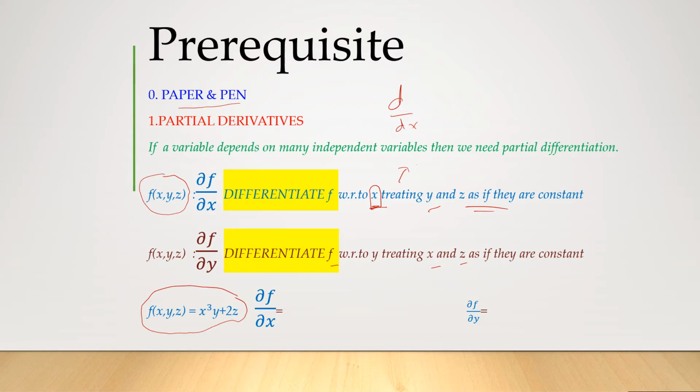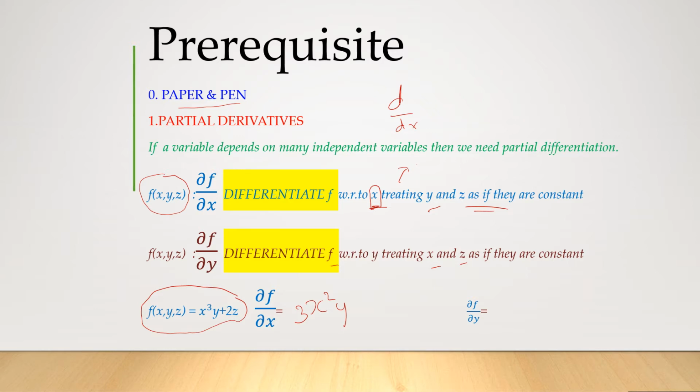If f of xyz is equal to x cube y plus 2z, then dou f by dou x is, if I treat y and z as constant, then this will give me 3x square y, and here if it is like a constant, then 0.